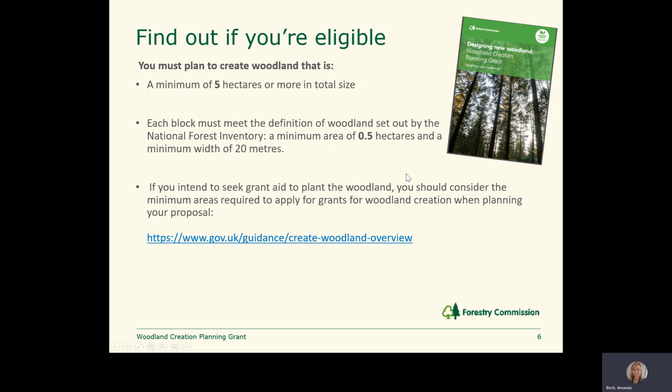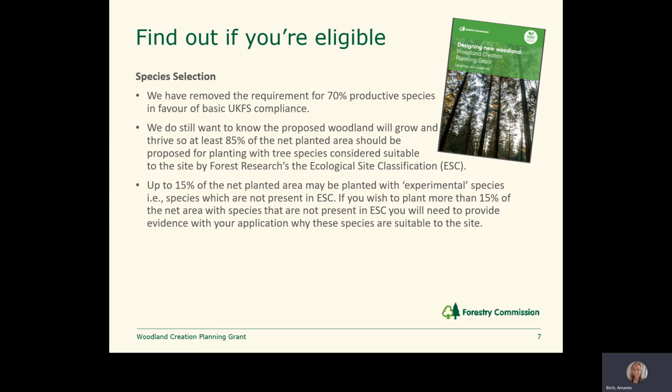So we have also removed the requirement for 70% productive species in favour of basic UK Forestry Standard compliance. We do still want to know the proposed woodland will grow and thrive, so at least 85% of the net planted area should be proposed for planting with tree species considered suitable to the site by the Forest Research Ecological Site Classification.